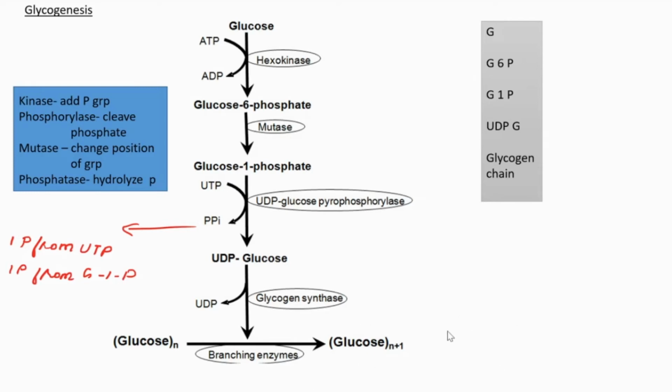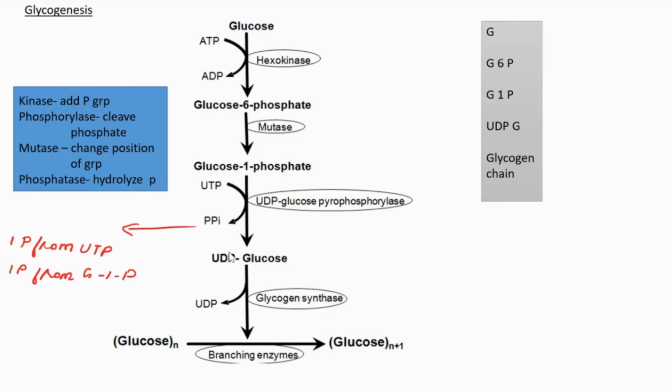Glycogen is a macromolecule composed of monomeric units called glucose. Just like we add beads to a necklace chain, this UDP glucose is added to a growing chain of glycogen.